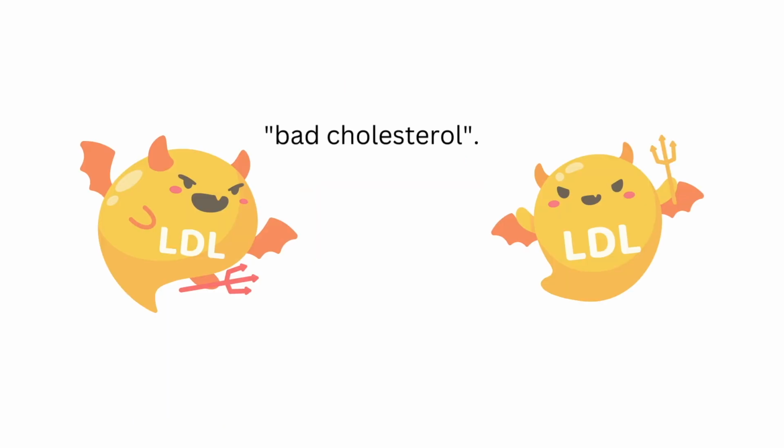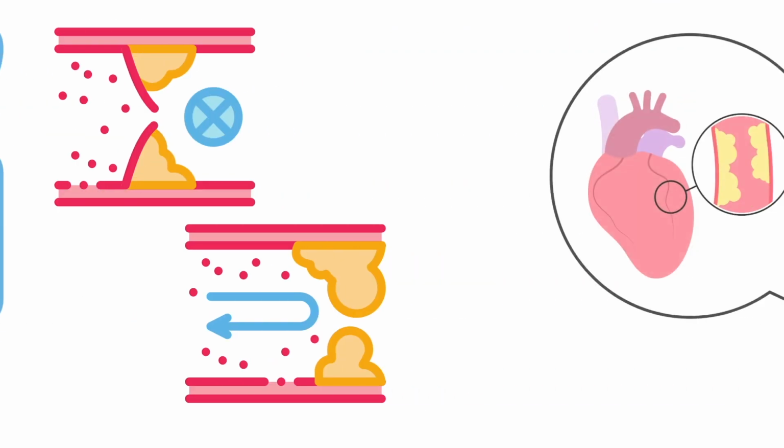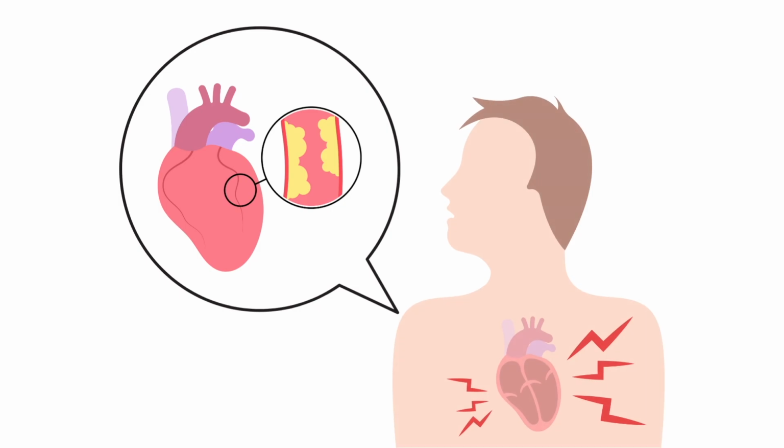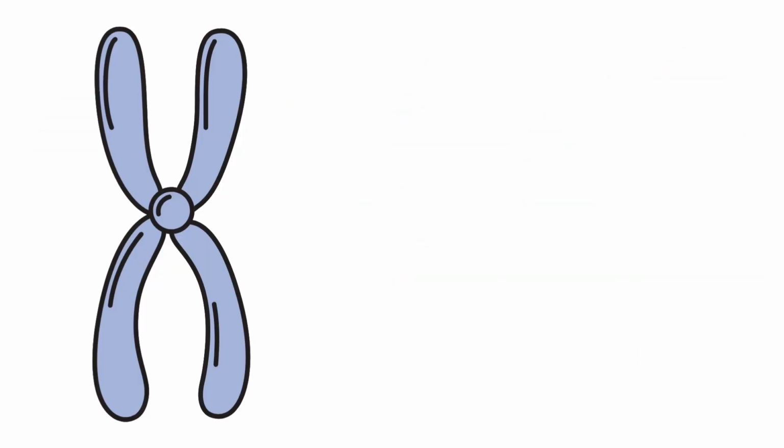LDL cholesterol is commonly referred to as bad cholesterol. People with familial hypercholesterolemia have high LDL cholesterol levels because they're unable to appropriately eliminate LDL from their blood. The liver is the organ in charge of LDL clearance. High LDL cholesterol levels in the blood can raise the risk of a heart disease or a heart attack. The gene mutation that causes familial hypercholesterolemia is located on chromosome 19.